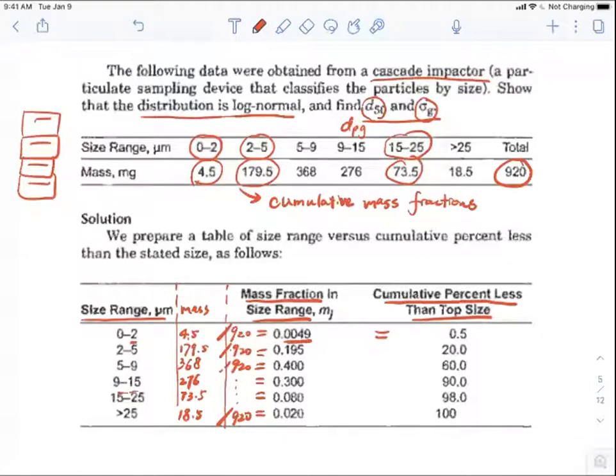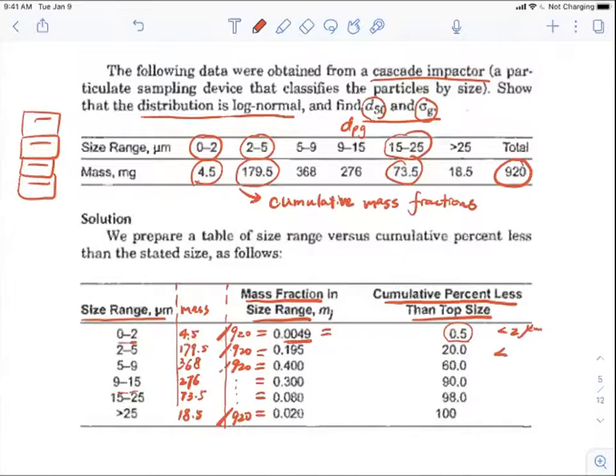This is close to 0.5%. For the second stage, because here we're talking about everything below 2 micrometer, the percentage of particles below 2 micrometer is just 0 to 2, so it's going to be 0.5%.